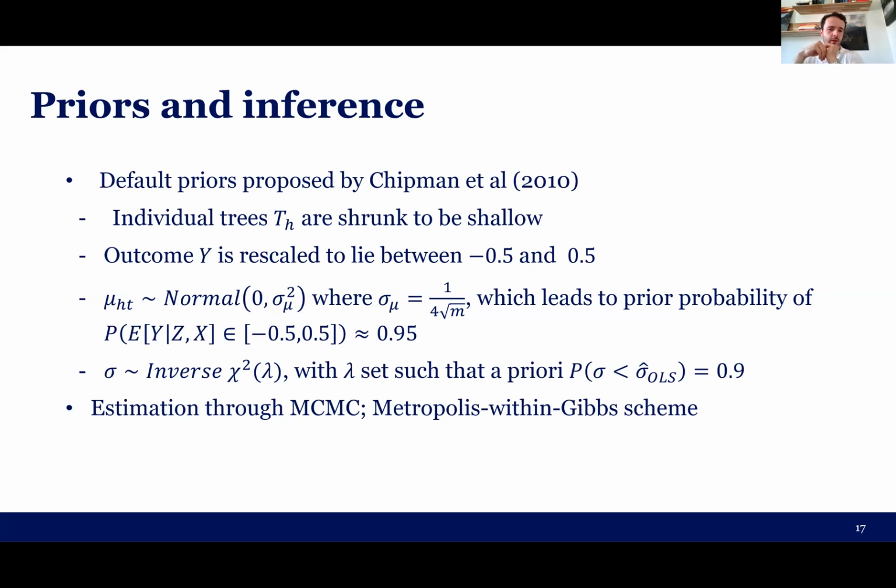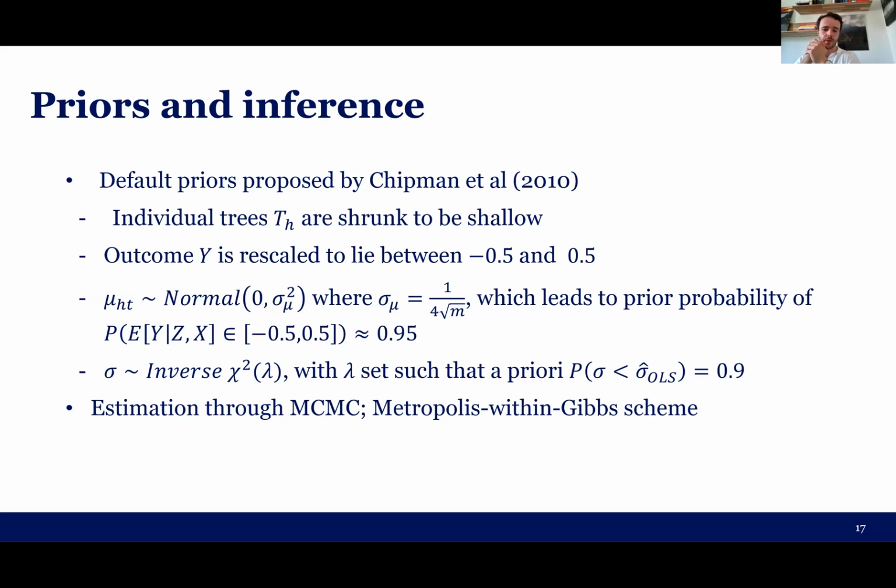Then before I discuss the other priors, one thing that is typically done is that you rescale the outcome variable, usually to be between minus 0.5 and 0.5. It could also be anything else, but that is what's typically done, because that makes the prior specification a bit easier. Then you can simply assign each of these leaf parameters a normal prior, with a standard deviation which in turn is a function of the number of trees.